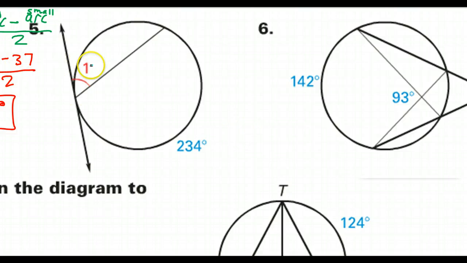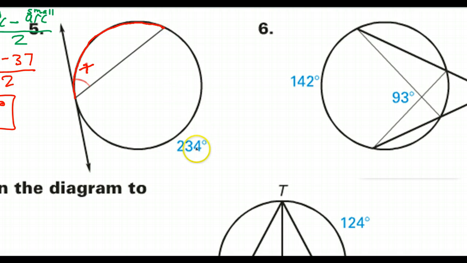So if I want to find this x right here, this is just an inscribed angle. There's more than one way to do this, but if I knew this arc, then the angle would be half. But I can find this arc, and let me just color it in.